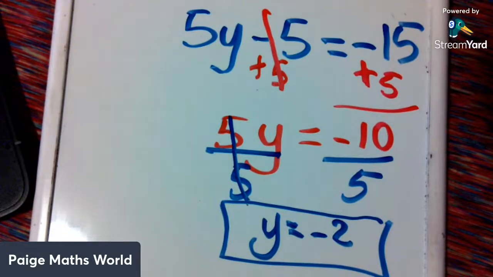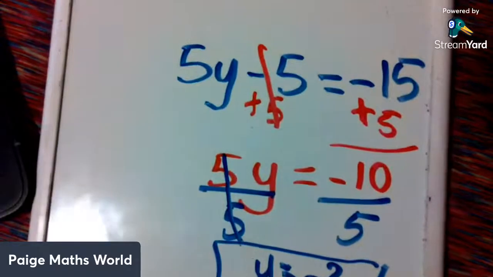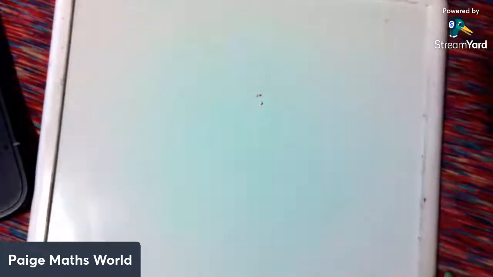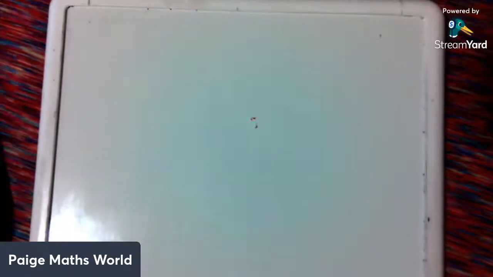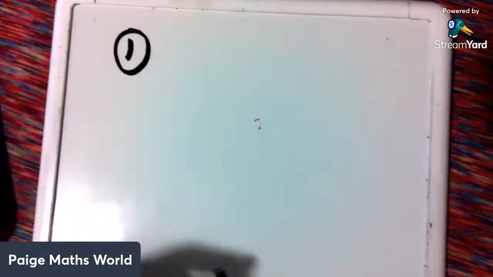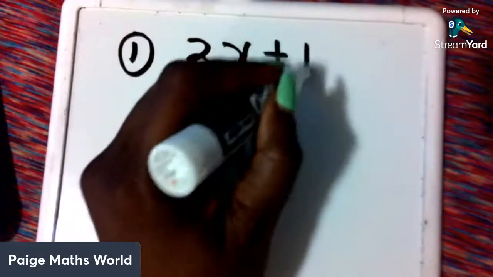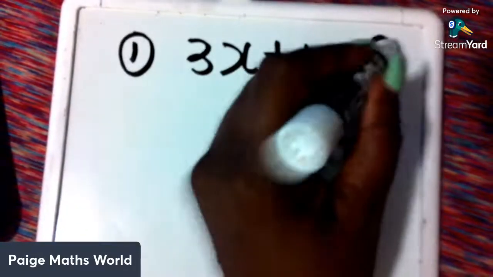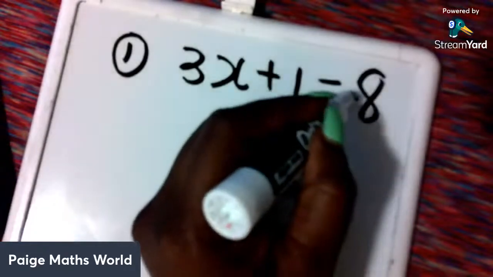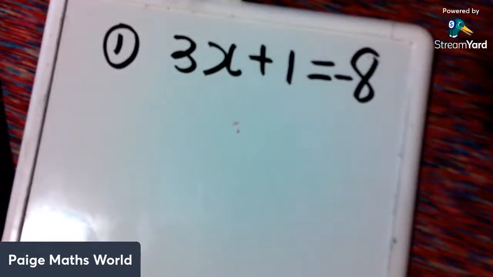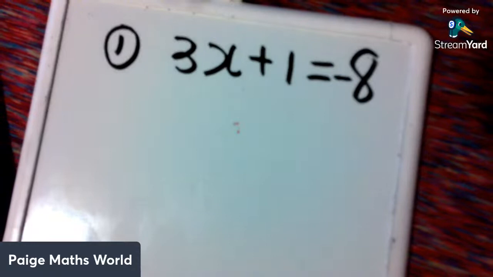All right, you guys need some more of this? Of course, I can give you some more. So I'm going to give you one at a time, and then you're going to give me your answers. All right, so let's let you guys do this one for me. 3x plus 1 is equal to -8.